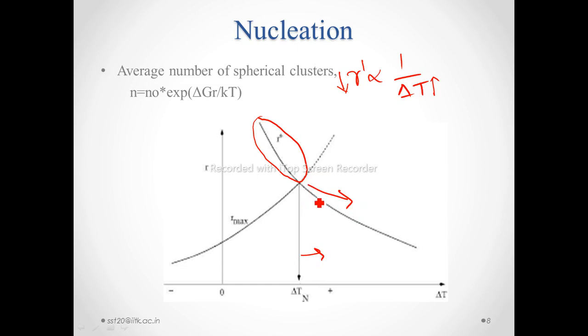From here, as we increase the undercooling, that means decrease the temperature, the size of the critical radius goes on decreasing. So this is the importance of this graph. Overall, this graph shows the minimum undercooling required to start nucleation, or to convert from clusters to stable nucleus.